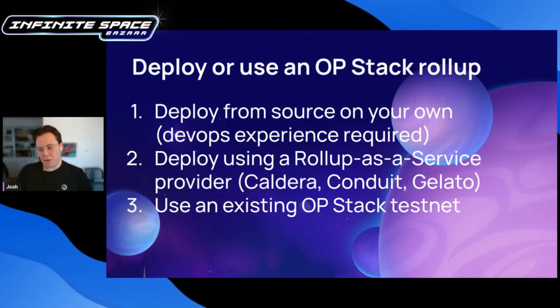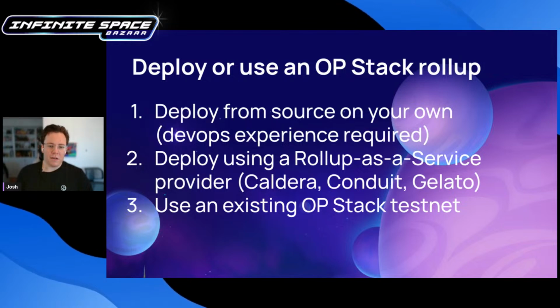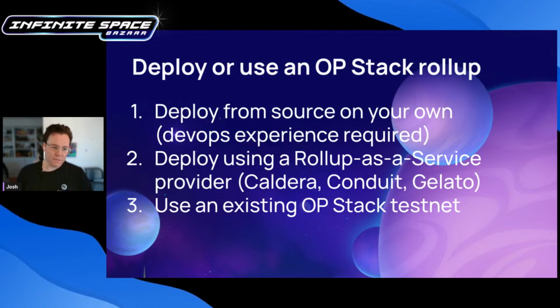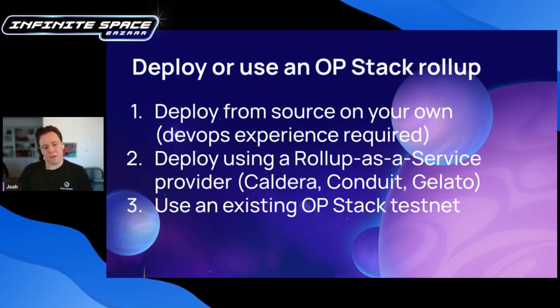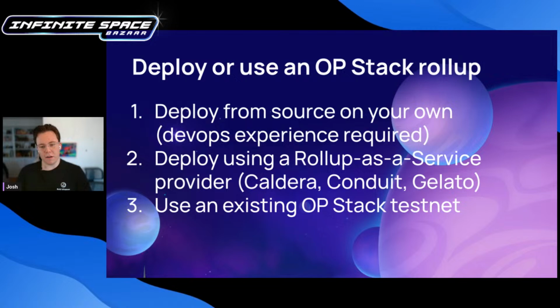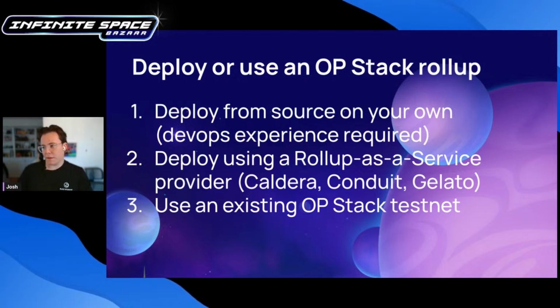If you're curious about doing that yourself, you can head to the Celestia docs at docs.celestia.org and look in the developers category to learn how to deploy an OP stack rollup yourself. The second way, and probably the easiest way to deploy your own rollup, is to use a rollup as a service provider like Caldera, Conduit, or Gelato, and others to come. And the third way would be to use an existing OP stack testnet.